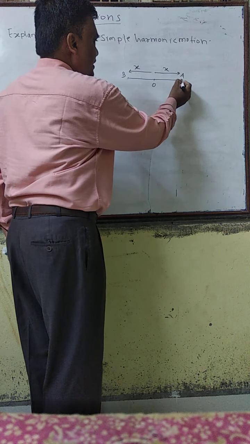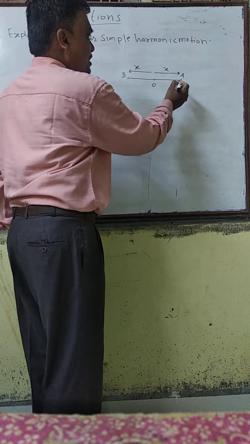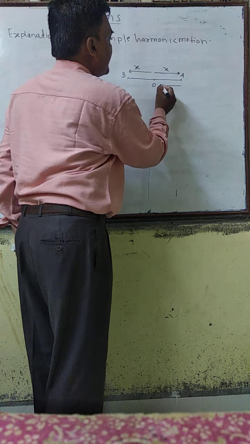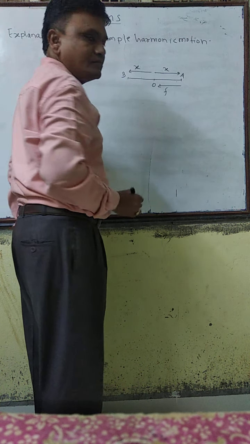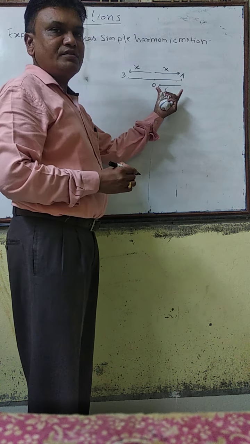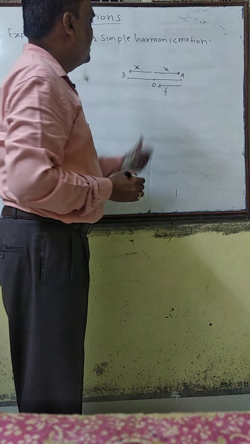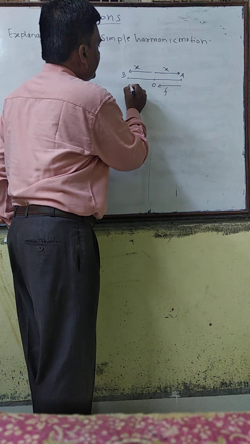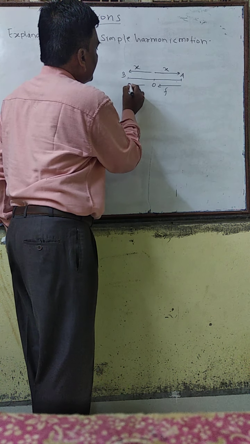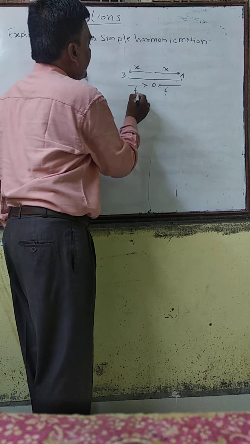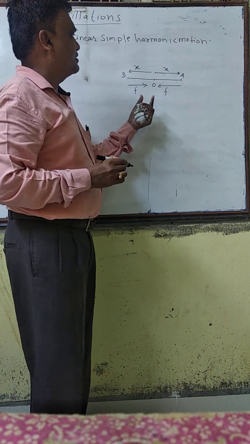When the object is at the extreme position, a force F acts on the object along this direction, and at this position also a force F acts along this direction.